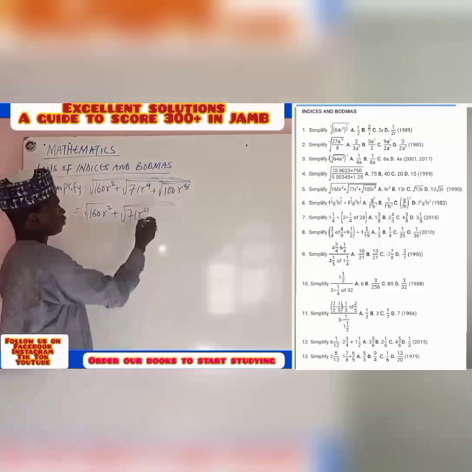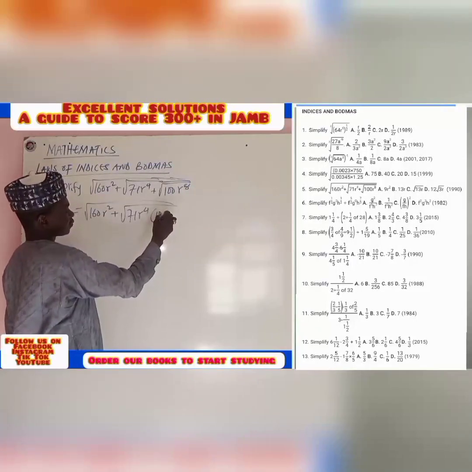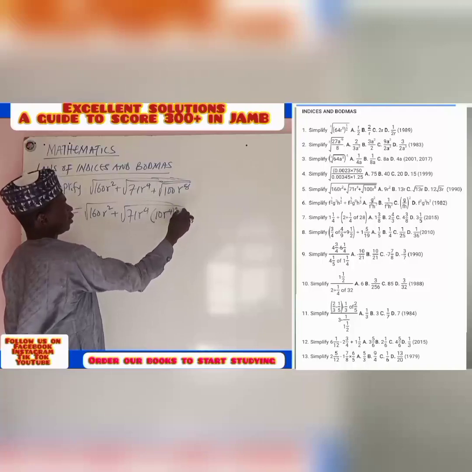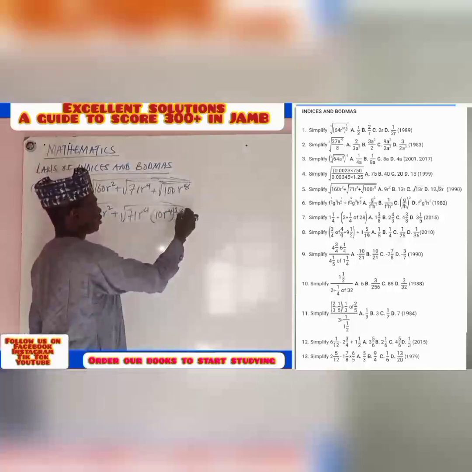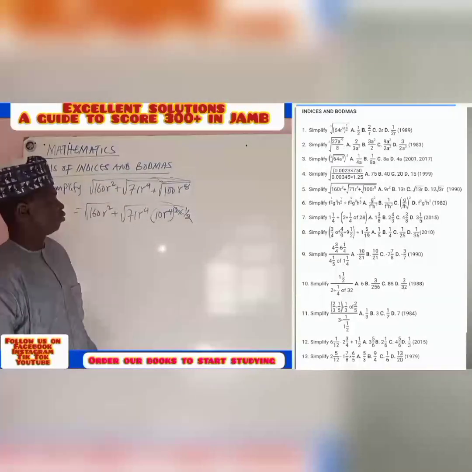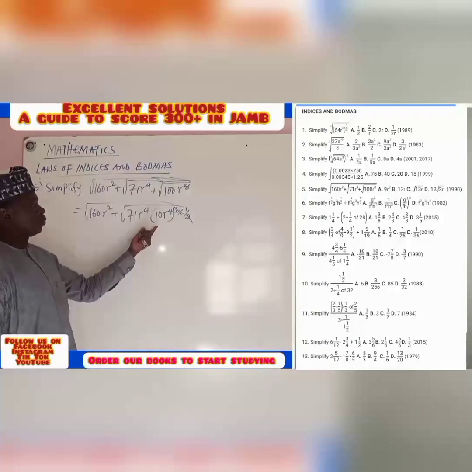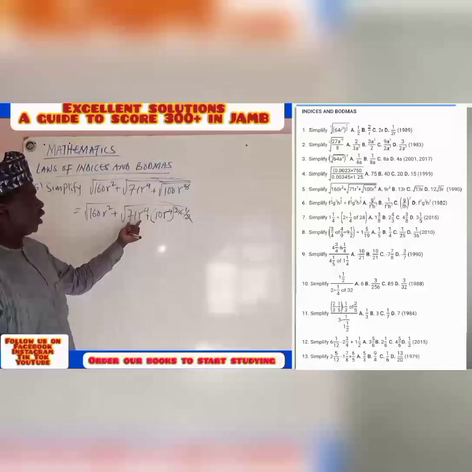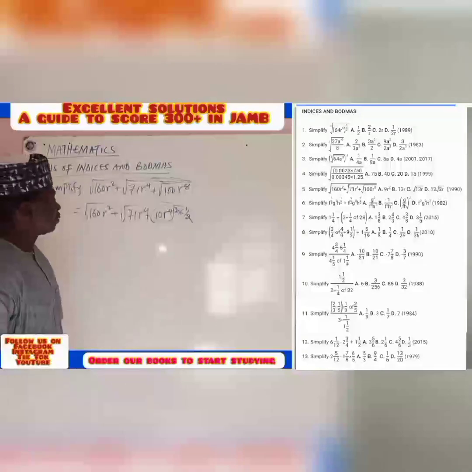Or let's do it this way, this is the same as saying 10r to the power of 4 square, and instead of this square root we can write times 1 over 2, so that 2 cancels 2. We are left with 10r to the power of 4. So 10r to the power of 4 plus 71r to the power of 4, we have 81r to the power of 4.